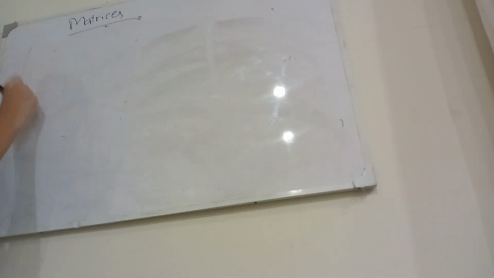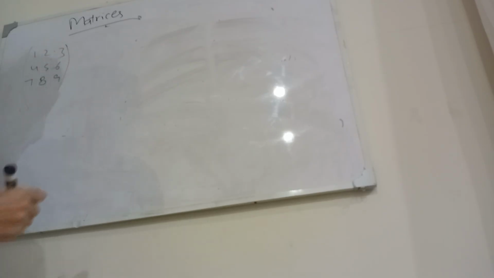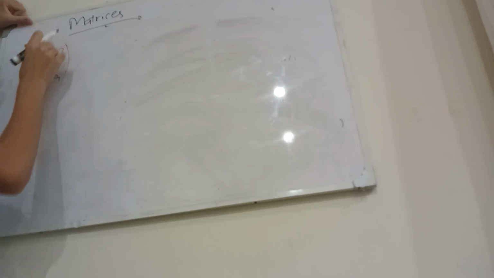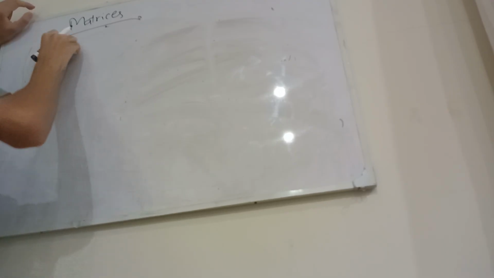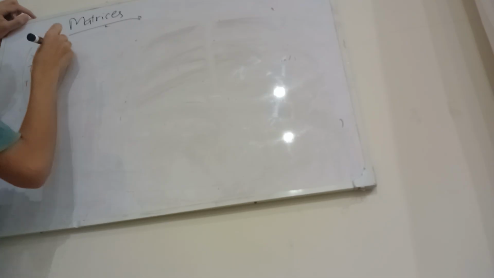Let's take a 3 by 3 matrix like 1, 2, 3, 4, 5, 6, 7, 8, 9. Simple. And we want to find its determinant. First, you just choose any row. Let me make it a little more random. I'm going to choose any row which is easy for me.